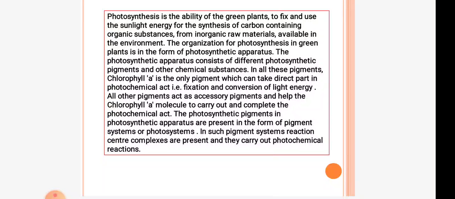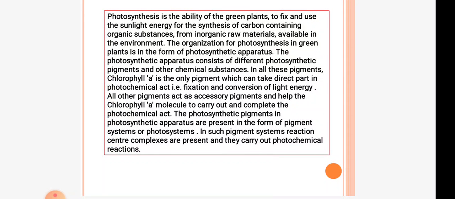The organization of photosynthesis in green plants is in the form of photosynthetic apparatus. The photosynthetic apparatus consists of different photosynthetic pigments and other chemical substances. In all these pigments, chlorophyll A is the only pigment which can take direct part in photochemical act, that is, fixation and conservation of light energy.